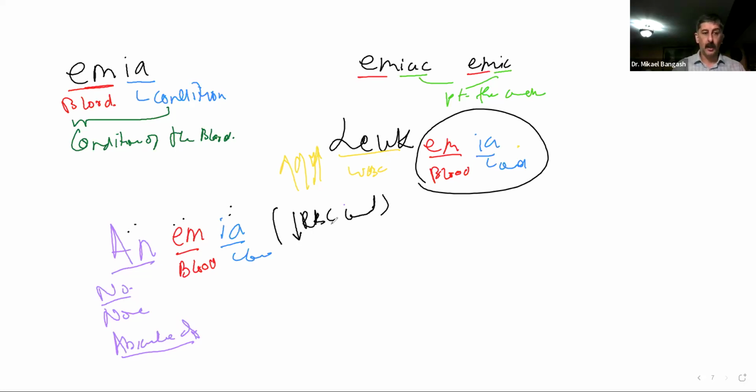Not necessarily always low red blood cell count. You may have a normal red blood cell count, but if there is low iron in the blood, the person is also referred to as anemic.